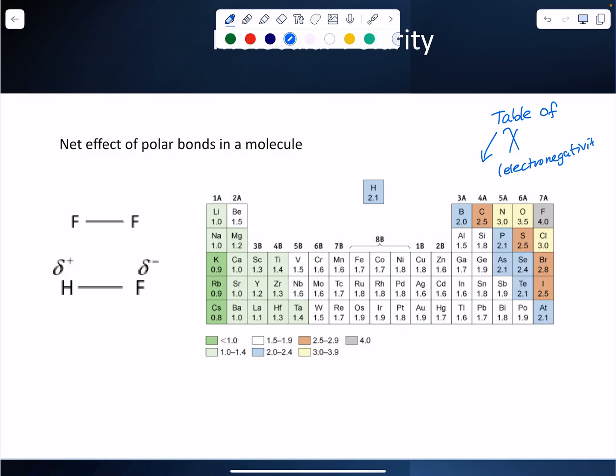And again, that is a measure of the affinity that an atom has for electrons in a bond. Okay, so if we look at fluorine, it is 4. So when you have two fluorines together, they have the same electronegativity. Both sides of the bond have the same affinity for those electrons. So this is what we would call a nonpolar bond.